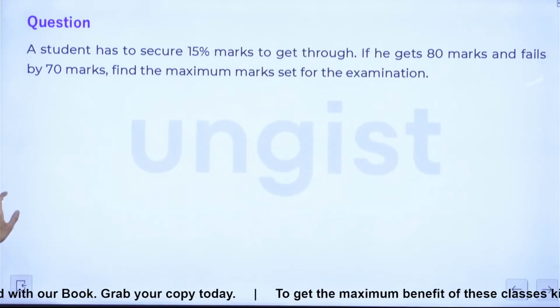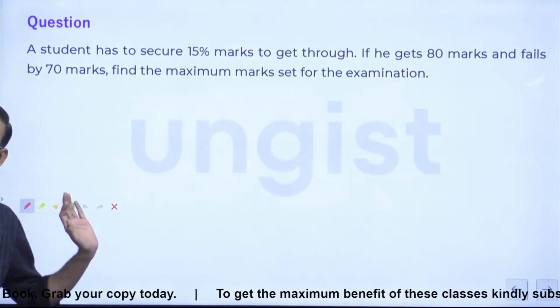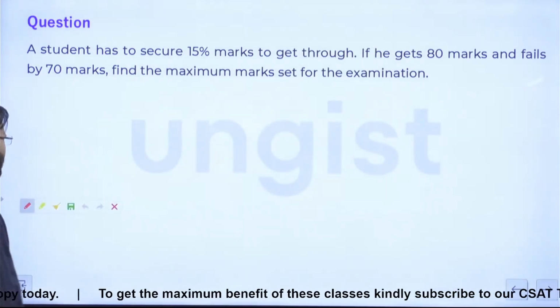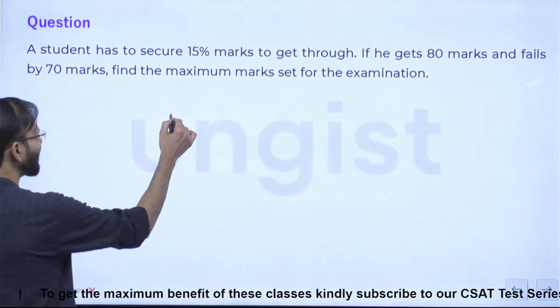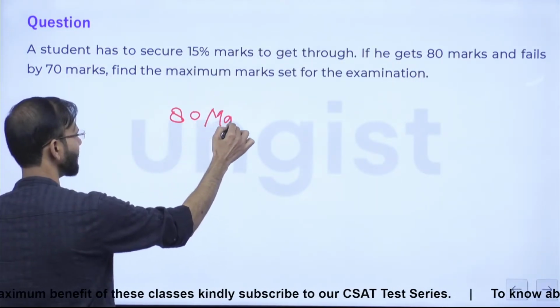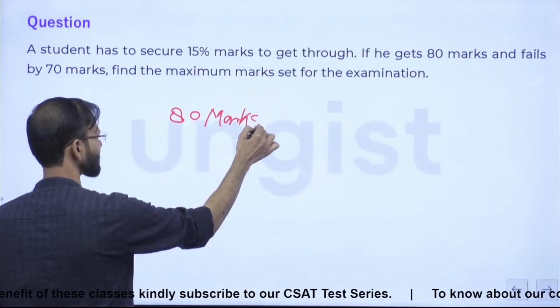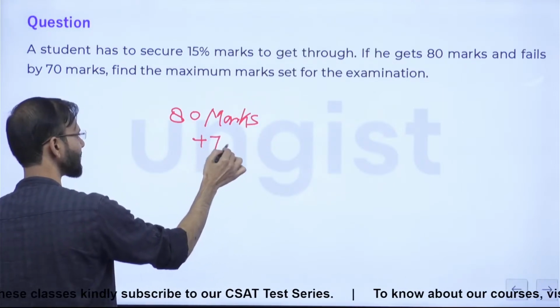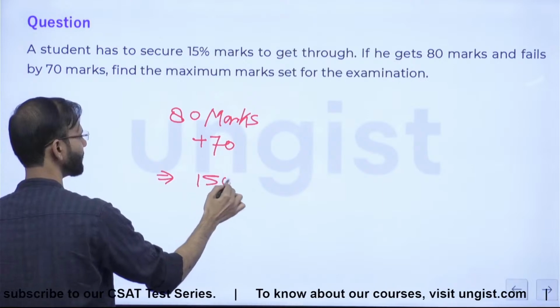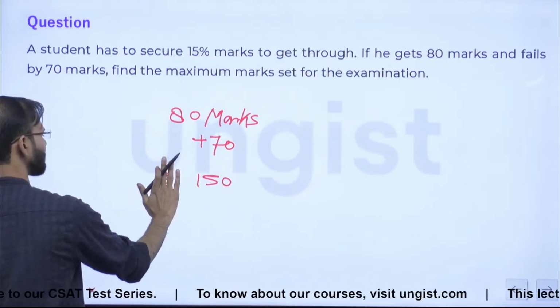See, all of you. A candidate is getting 80 marks, but he fails by 70 marks. Means 80 plus 70 must be the passing marks. So 150 is the passing marks, guys, right?